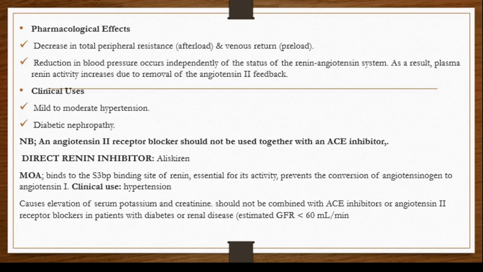And so, even though we are blocking angiotensin 2 receptors, we are still going to have the production of what? Of renin. And so it's going to pile up inside the system, since there will be no negative feedback mechanism to prevent the kidneys or the juxtaglomerular apparatus from producing the renin.